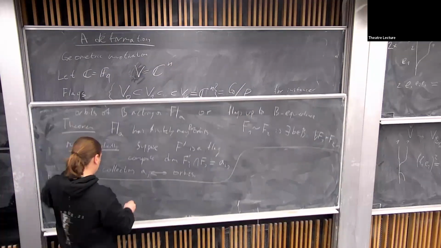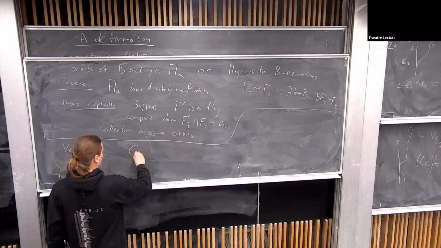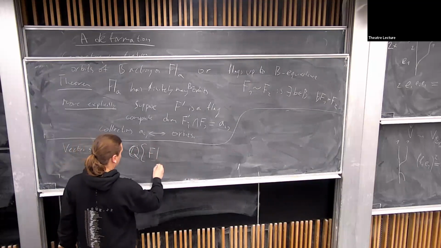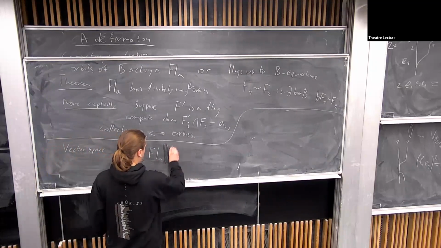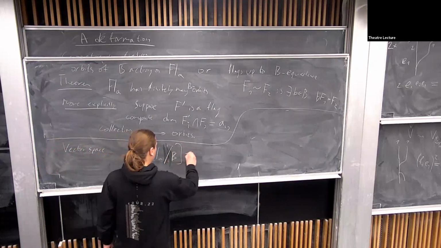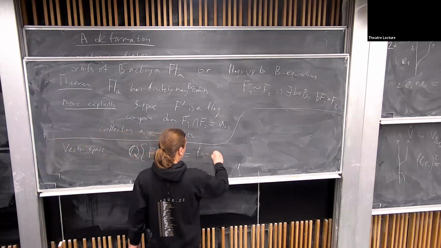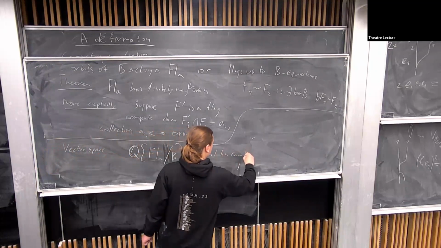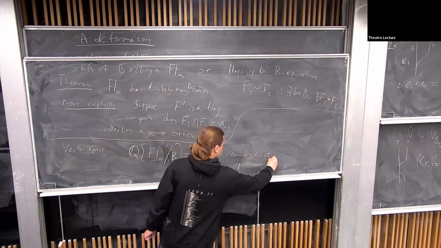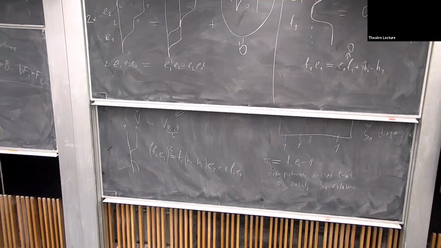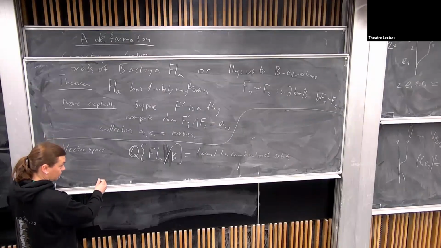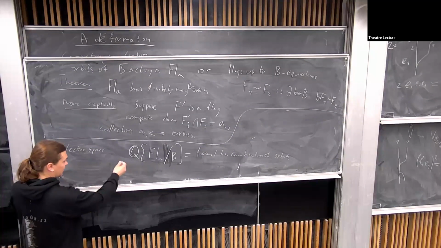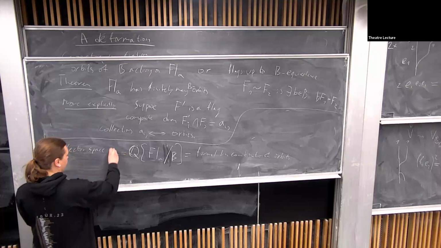We take the formal linear combinations of orbits in FLA modulo B, and this is some vector space which we call dA.